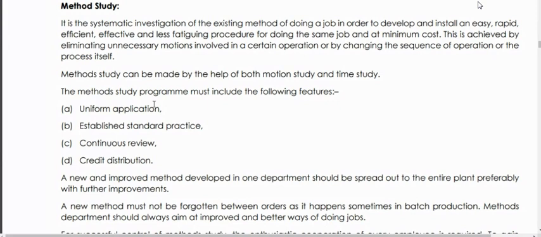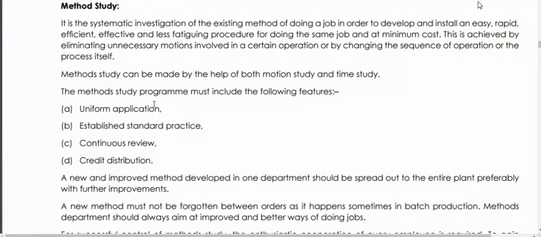Okay. Now, method study. Method study is basically a combination of motion study and time study, wherein motion study is your work study, wherein it studies that how much work can be done with minimum cost, and time study says that how much minimum time would be required to complete a particular task.